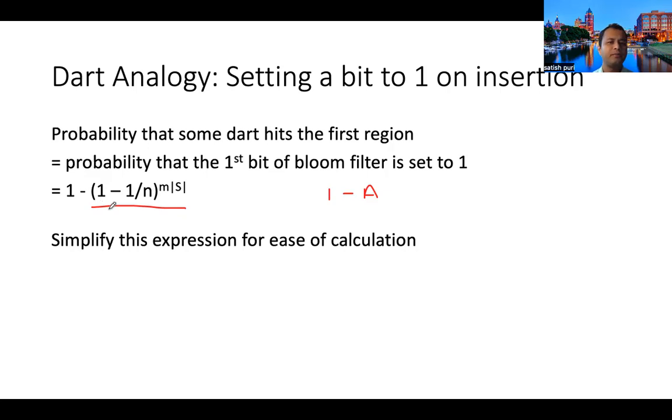Also remember that the false positive thing is not completely solved, because we are just talking about one bit being set to 1. But for a false positive to happen, if you're searching for something, then m of those positions need to be 1. So it's not only about 1 bit position having 1, but m bit positions having 1.